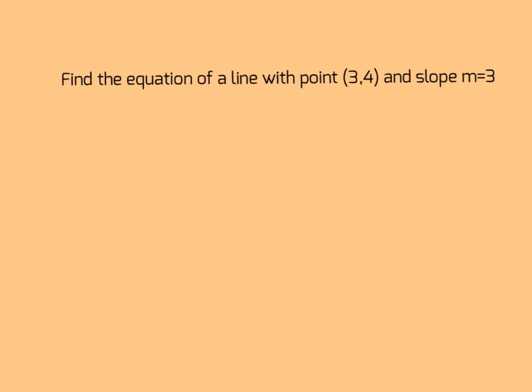Okay, so let's work through an example. Here we have a question that says, find the equation of a line with point 3, 4 and slope 3. The first thing we need to do is label our point x1, y1, and then we're told here that m is equal to 3.